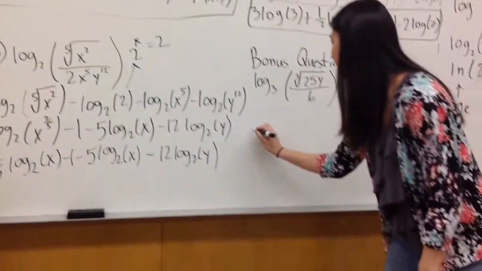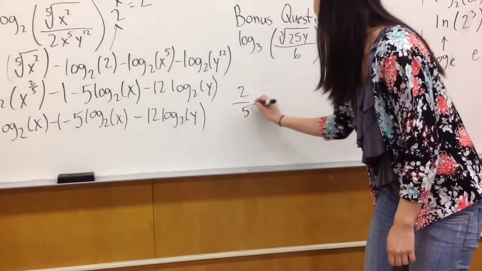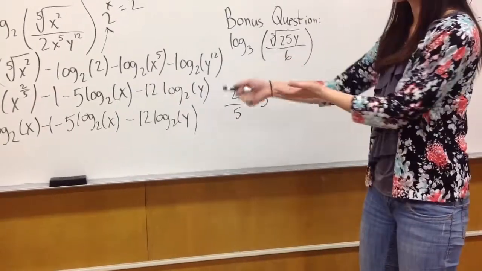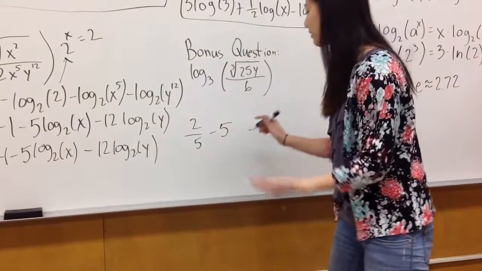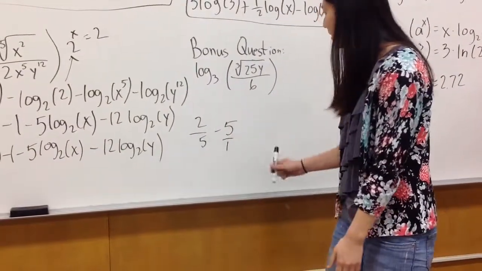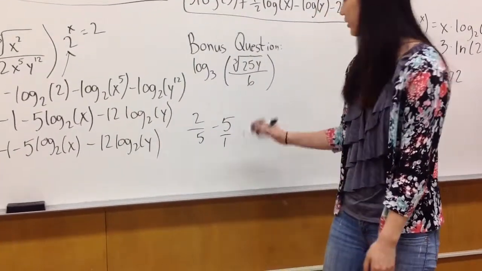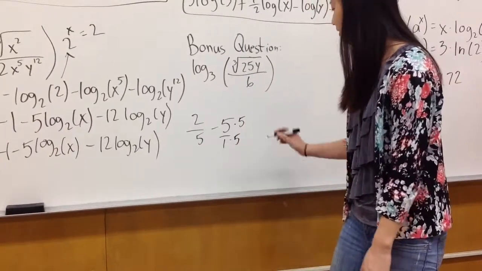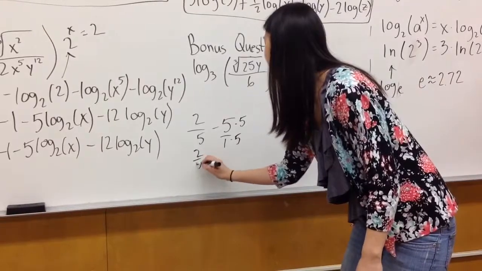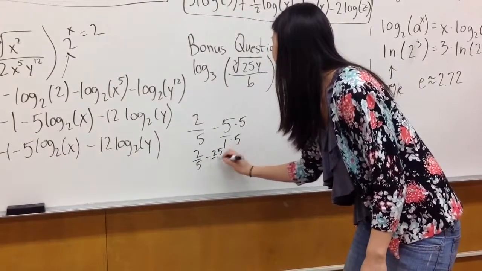Basically we have this 2/5 minus 5. I'm just going to ignore the logs for now because they're going to be in there, but let's work with the fractions. So this is over 1. We're going to get a common denominator, so I need to multiply the top and the bottom by a 5. So this is 2/5 minus 25 over 5.